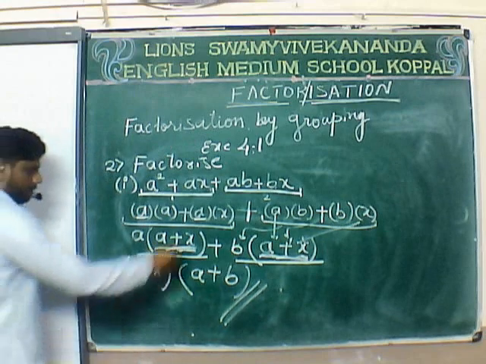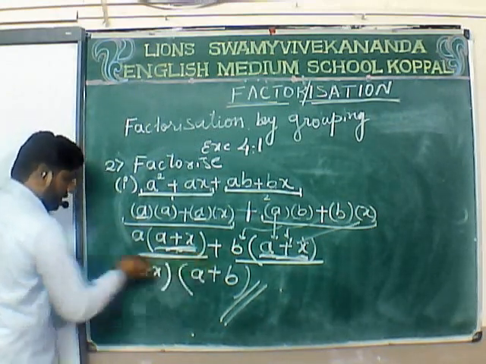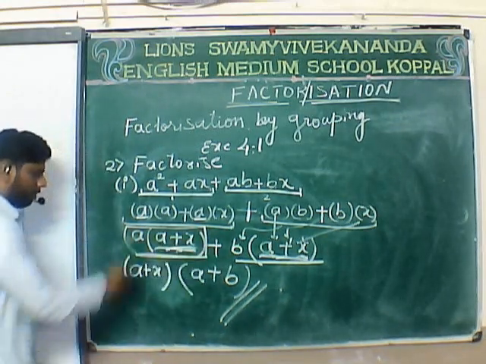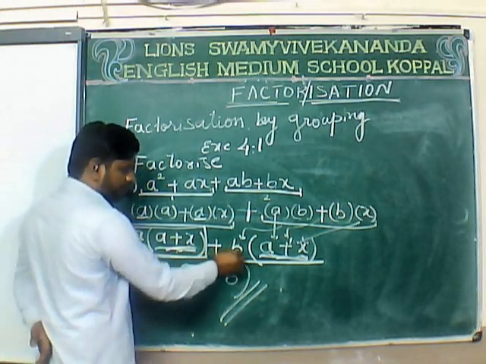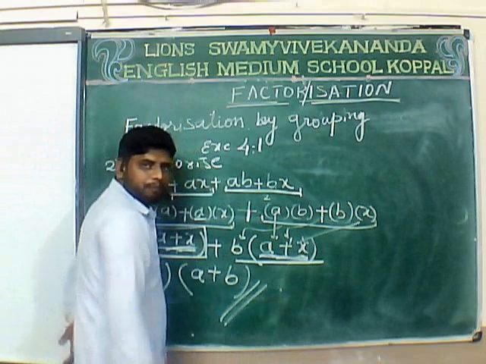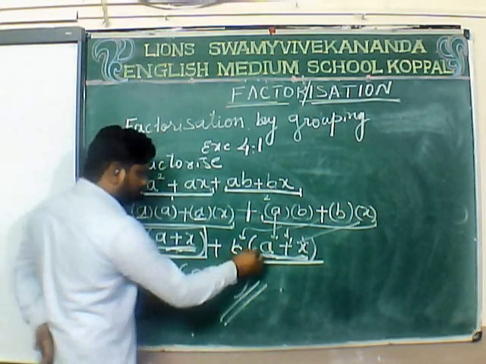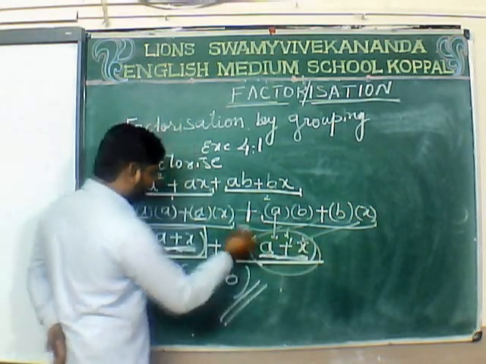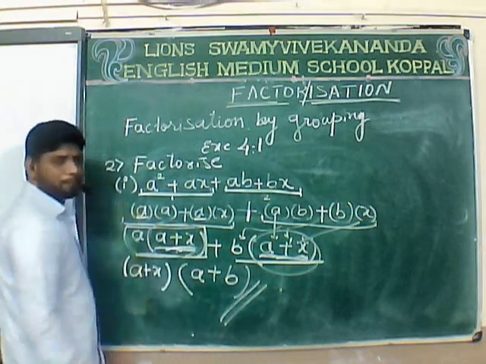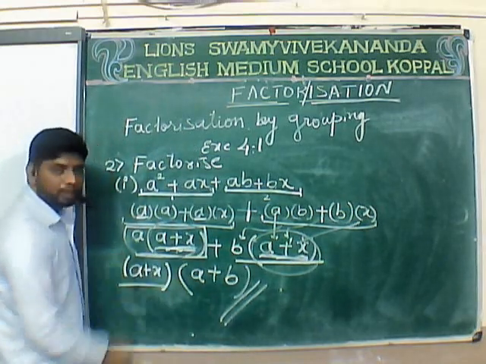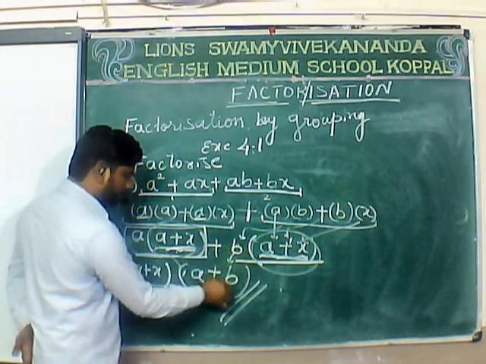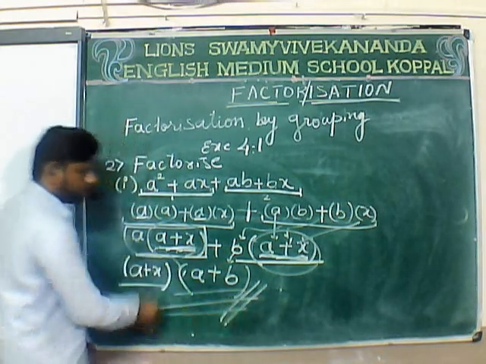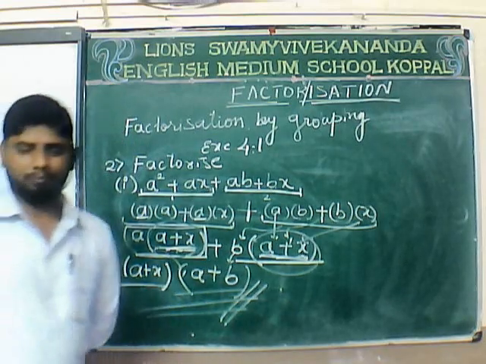You can see that the whole is one term because it is in multiplication: a of a plus x, plus b of a plus x is another term. In these two terms we can observe a plus x is common, so I took a plus x common outside. What is left? a plus b is left. So this is your solution.